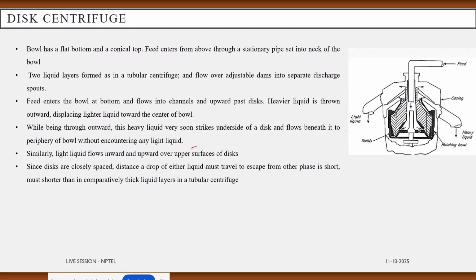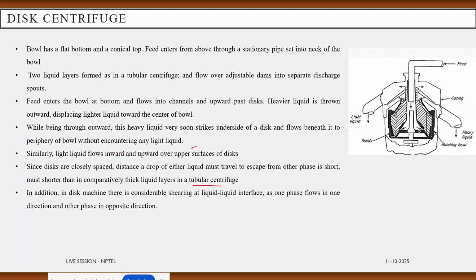Since the discs are closely spaced, the distance a drop of either liquid must travel to escape from the other phase is short, much shorter than in the comparatively thick liquid layers in a tubular centrifuge. In addition to that, in this machine there is considerable shearing at the liquid-liquid interface.